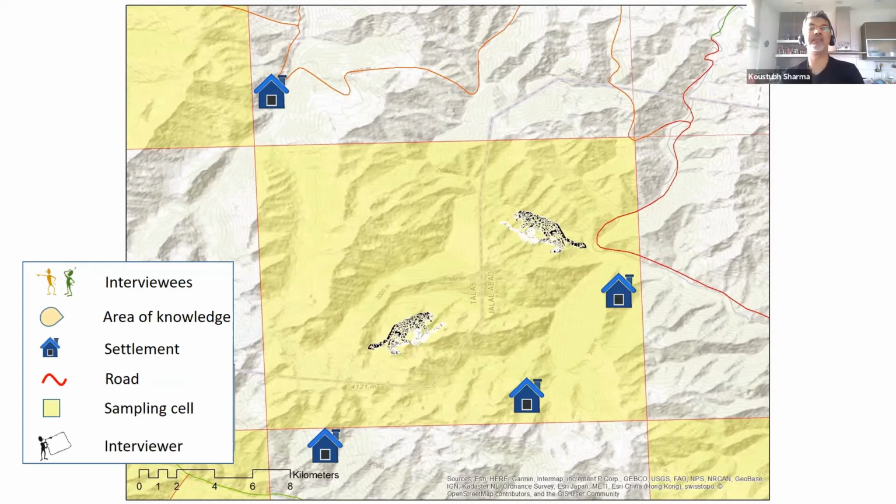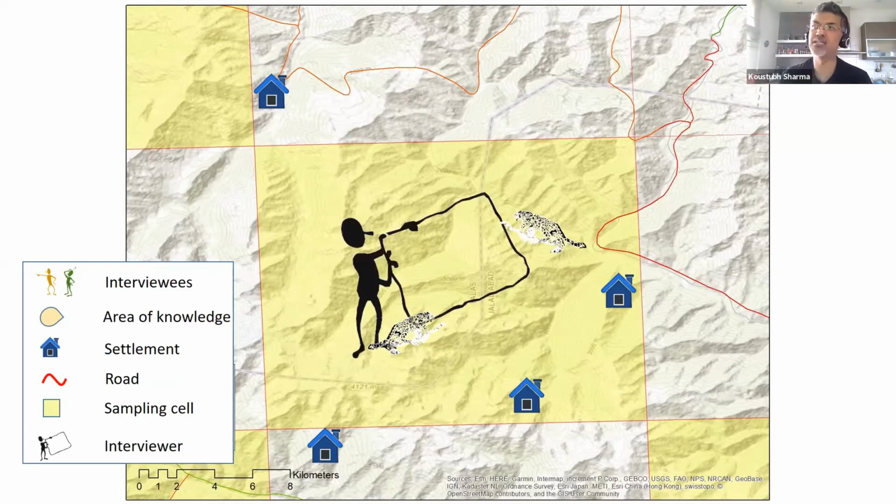Now, it's the same situation as if you're walking a transect, you may or may not see the scrapes of a snow leopard. So in this case, Muzaffar did the same. He used the same methods as Abhishek and Julia Taubman used earlier. He went out with a clean sheet, and then he started asking people.